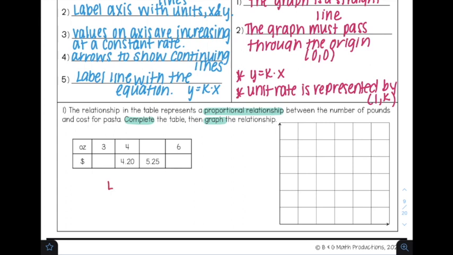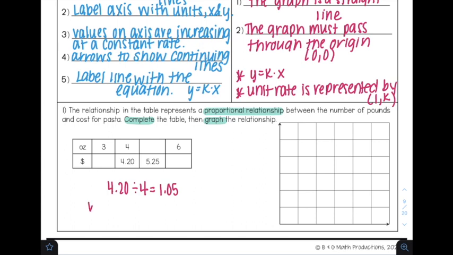So 4.20 divided by 4, I'm going to get $1.05. So then I can go from there and use the equation to figure out how much 3 ounces and then how many ounces $5.25 will get me.